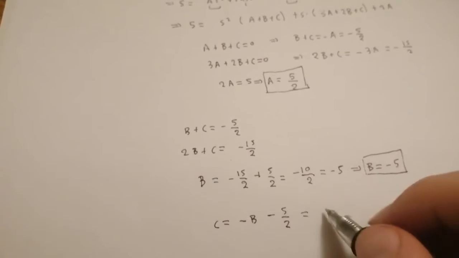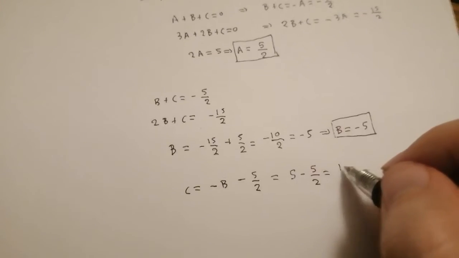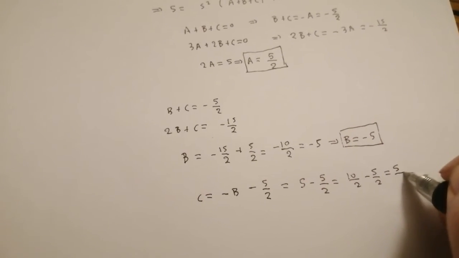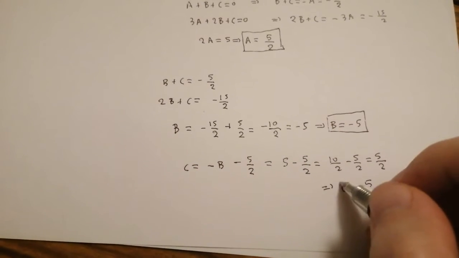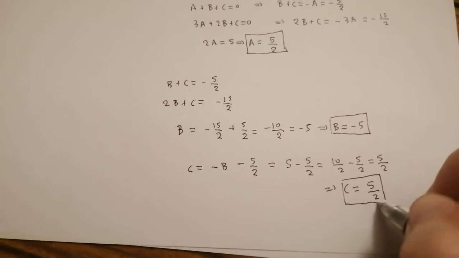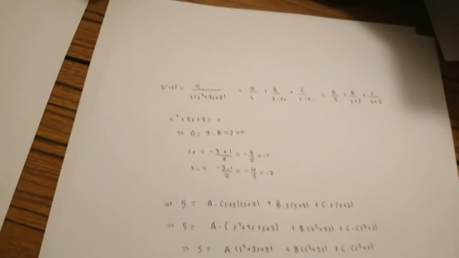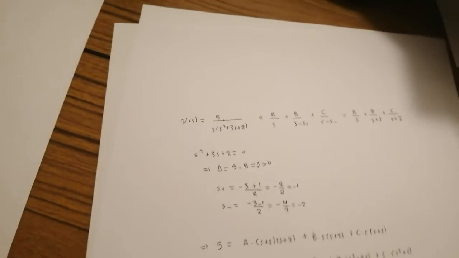So it's 5 minus 5 over 2, which is equal to 5 over 2. There you go. I also have my C. Okay, so A is 5 over 2, B is minus 5, and C is 5 over 2.